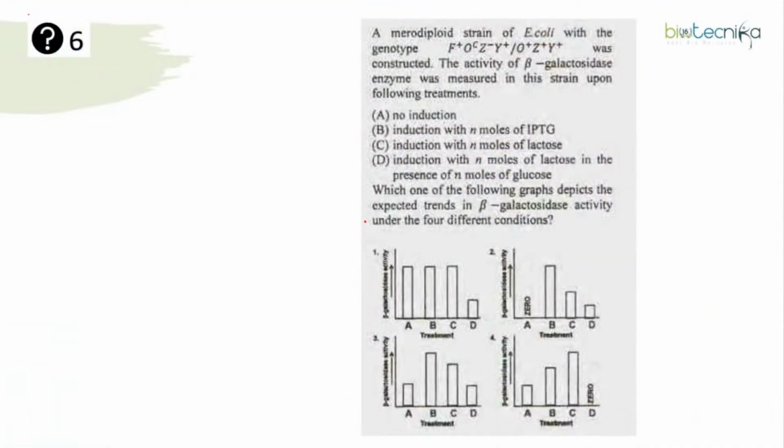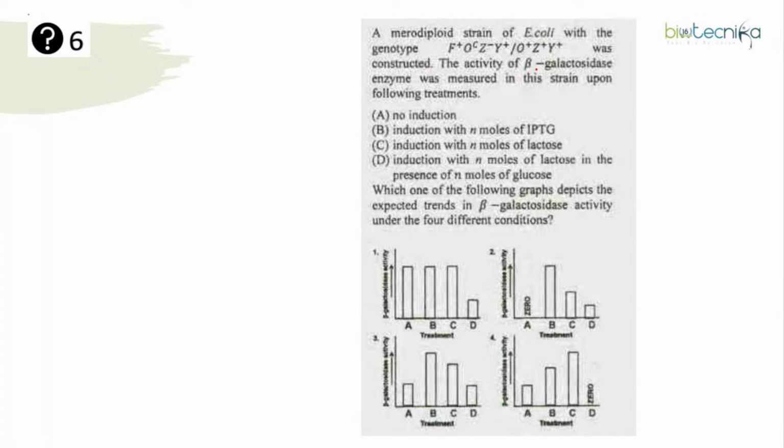Now let's get back to the question answer discussion once again. So question number 6. The merodiploid strain of E. coli with the genotype F plus, OC Z minus Y plus, O plus Z plus Y plus was constructed.